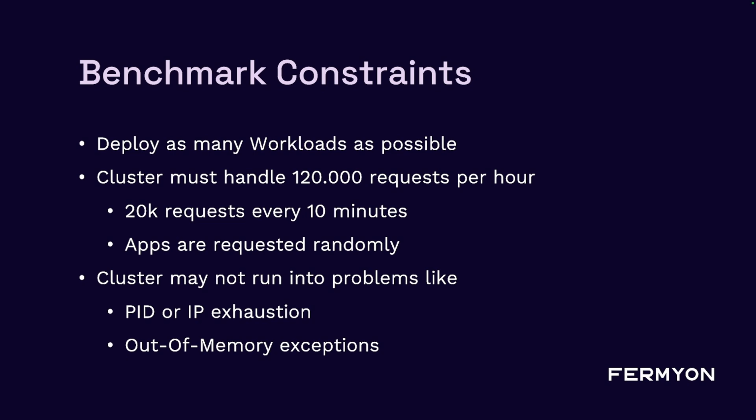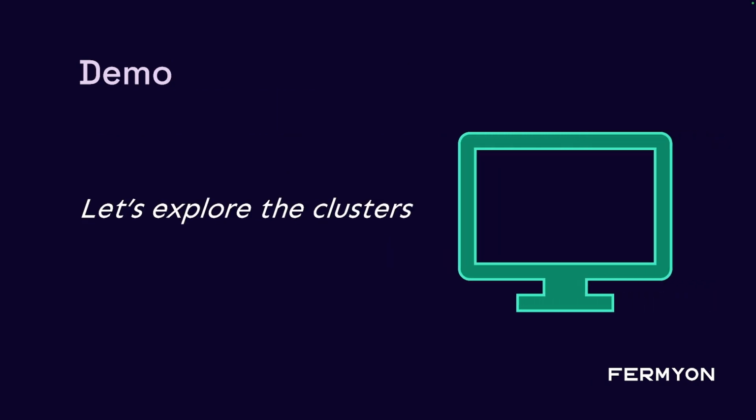The load testing client itself is executed from within each cluster to prevent surrounding cloud infrastructure or Kubernetes components such as ingress controllers from affecting the benchmark results. With that, let's have a quick look at our AKS clusters.